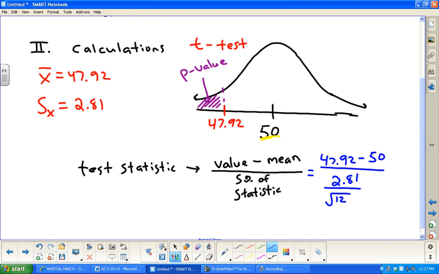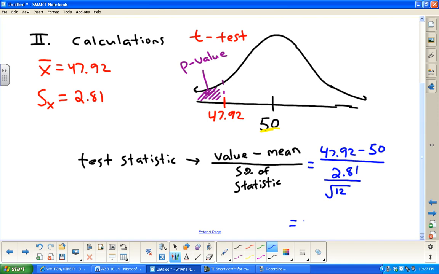When we divide, I got a value of negative 2.564. So that is how many standard deviations we are below the mean. That's the test statistic for this value right here, negative 2.564.